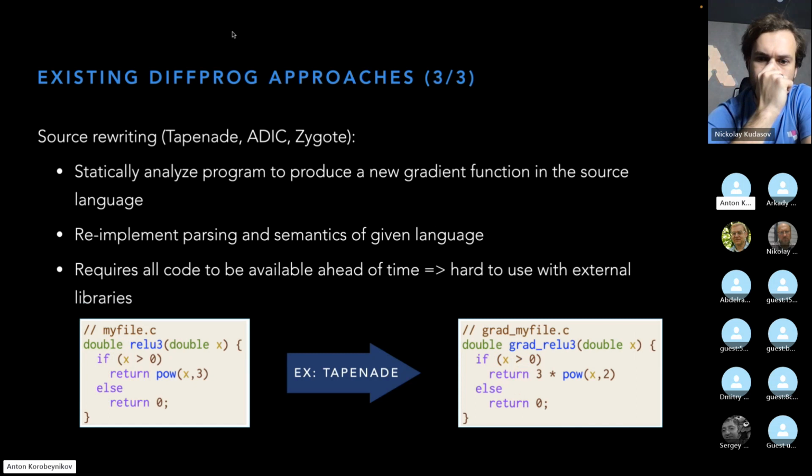And the third approach is source code rewriting. Here we can statically analyze the program to produce a new gradient function in its source language. That approach has its own pros and cons. Definitely, the package itself should implement parsing and semantics of the given language with all bells, whistles, and peculiarities of the particular source language.